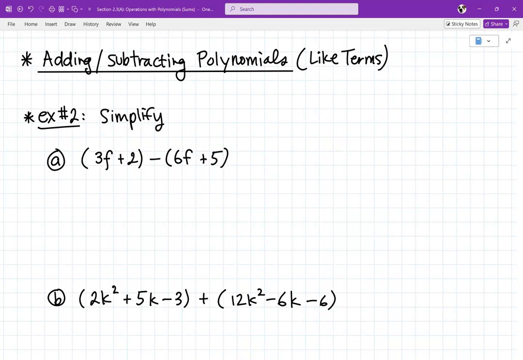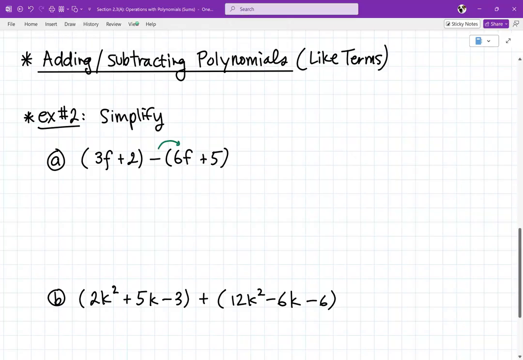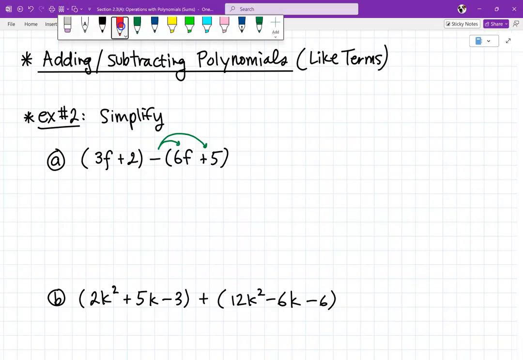So simplifying part A. So I have the quantity of 3f plus 2 minus the quantity of 6f plus 5. And they just want me to simplify. So what I'm going to do is I'm going to distribute the negative. Anytime you distribute a negative, it changes signs of numbers, okay? So let me rewrite this.